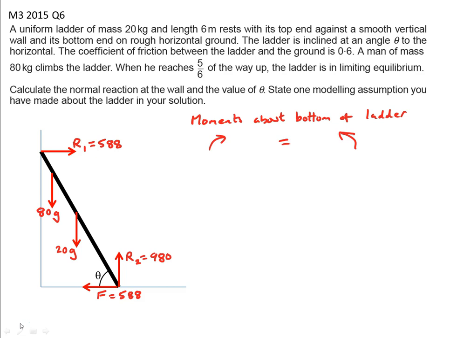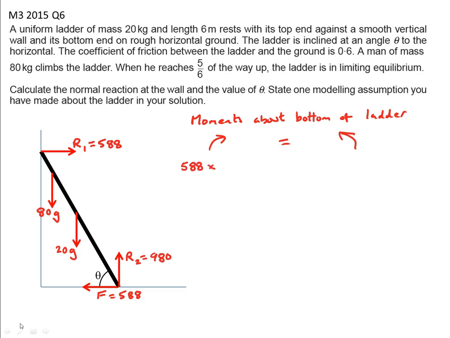So about the bottom of the ladder, we've got the clockwise moments. So the total clockwise moments have got to equal the total anti-clockwise moments. The force R1 is going to be the only force that is trying to turn the ladder clockwise.